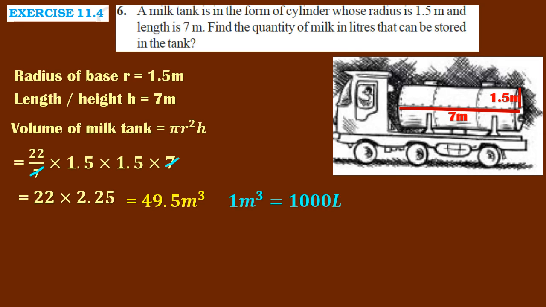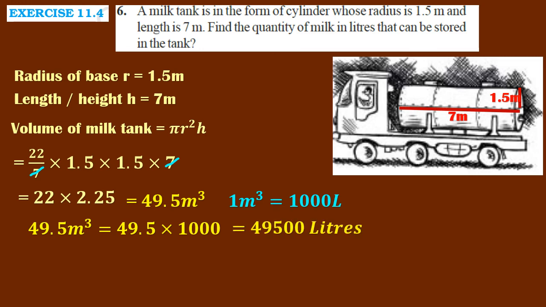We know that 1 meter cube is equal to 1000 liter. So 49.5 meter cube will be how much liter? Yes, we have to multiply with 1000. So it will be 49,500 liters. That quantity of milk is there.